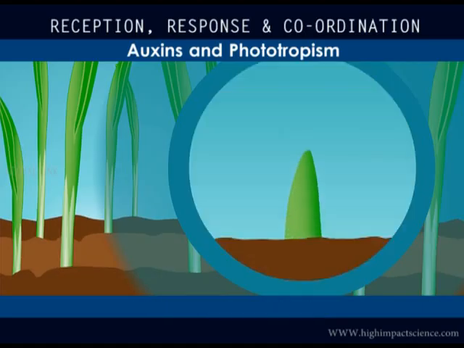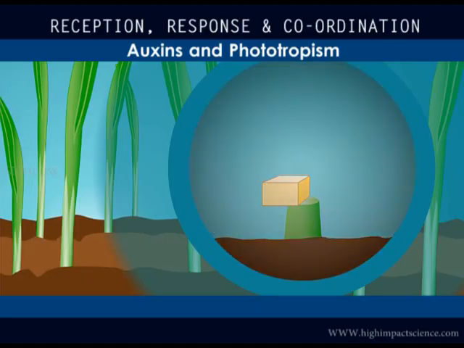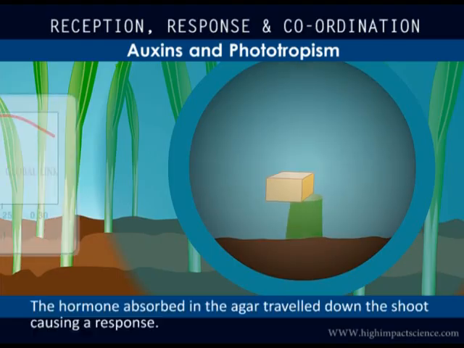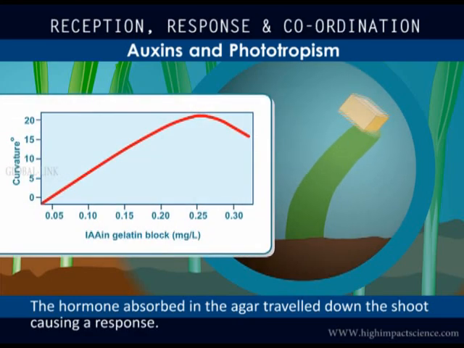Another scientist, Frits Went, removed the coleoptile tip and incubated it on a block of agar. The agar was then placed on the coleoptile, off-center, in darkness. The hormone that the agar had absorbed traveled down the side of the shoot, causing a response. The amount of bending is proportional to the amount of hormone in the agar.